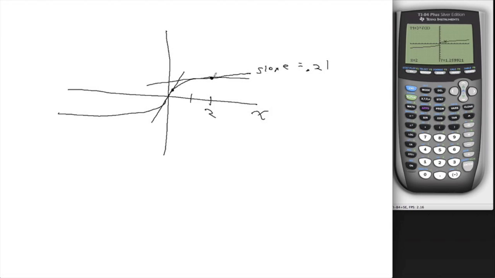Also, do you see how the tangent line is an approximation to the function? Notice that right here, the tangent line is very close to the function. So if we increase x, say, from 2 to 3 by 1 unit, the tangent line is very close to where the function is going to be. That's why the derivative tells you approximately how much the function is going to change if you change the input.